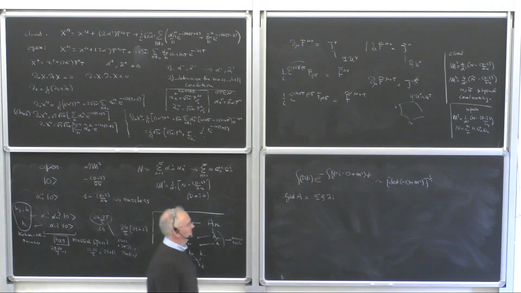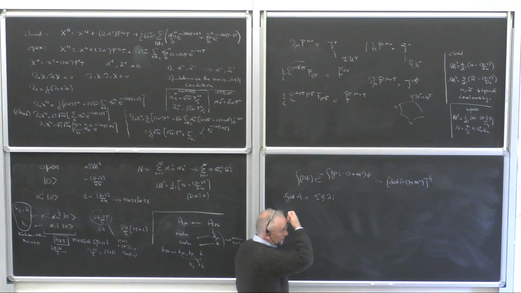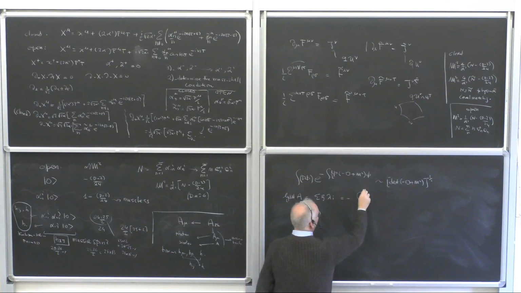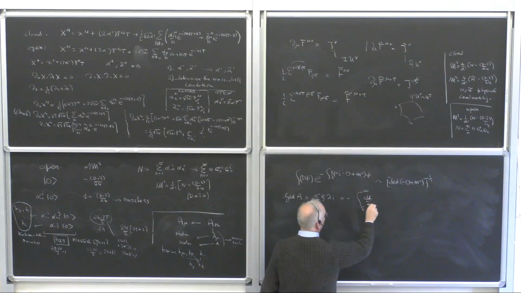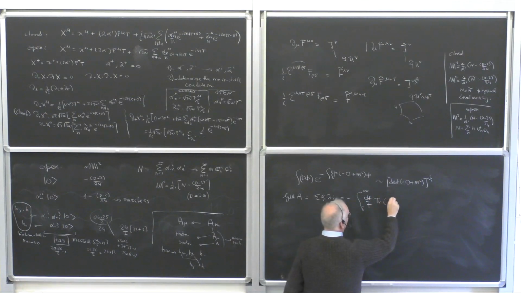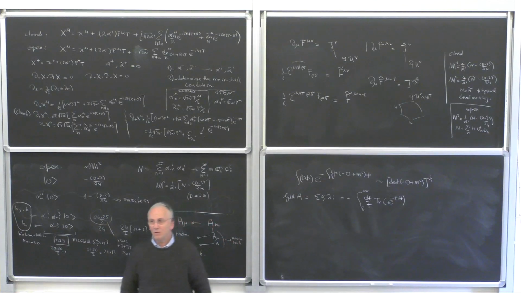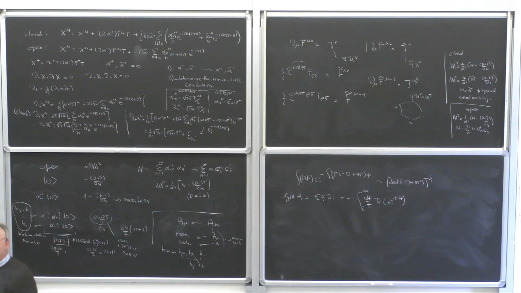Okay? Now I claim that this expression can be obtained by cutting off this integral and considering this object, which is the analog of what you would call the evolution kernel in quantum mechanics.